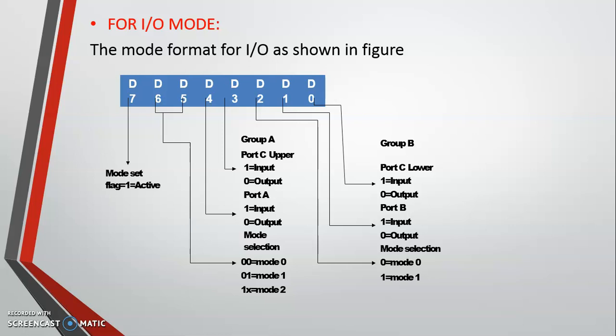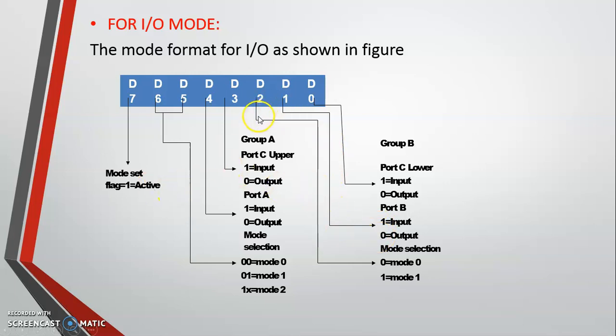First of all we look at the D0, D1, D2 bits. When D0 is 1, port C lower works as an input port, and when it is 0, port C lower works as an output port. Then the next bit is D1. When it is 1, port B works as an input port, and when it is 0, port B works as an output port.